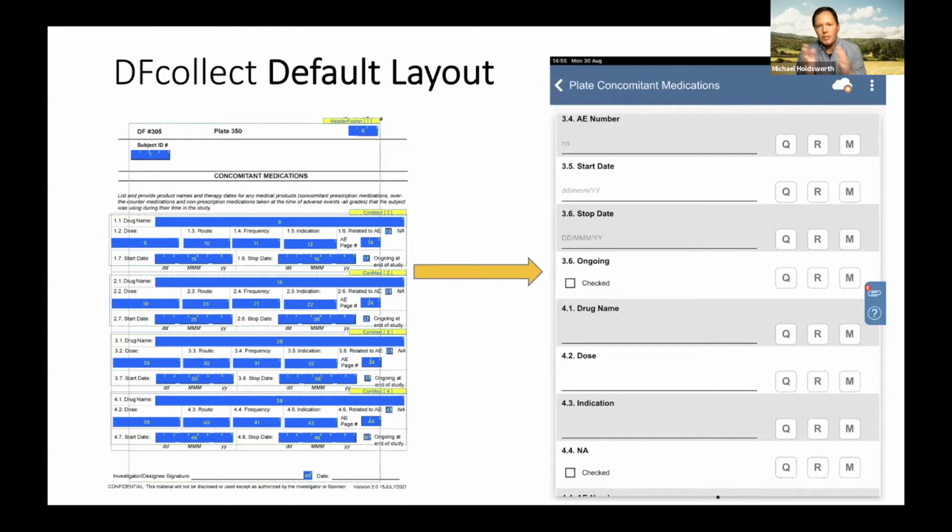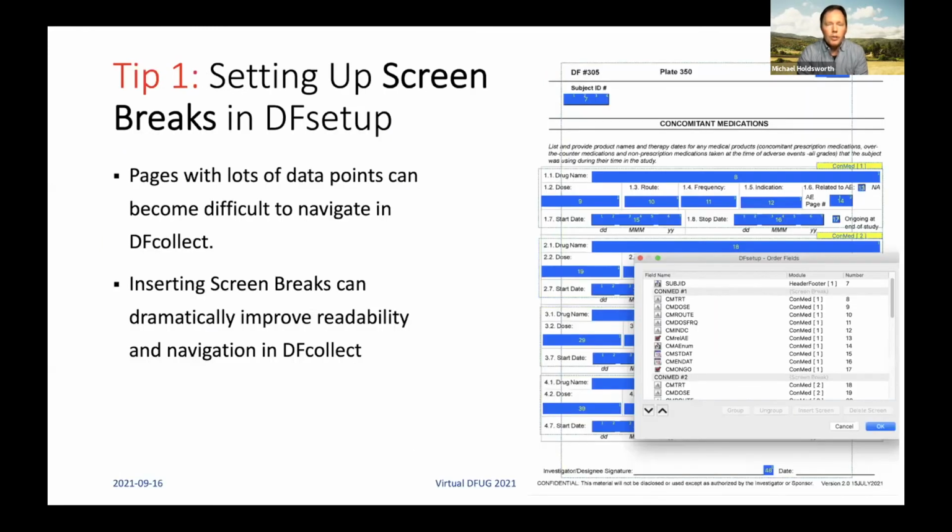And when this translates into DFcollect, it places one field below the other, and it works perfectly, but it becomes slightly difficult to navigate and readability is undermined. So the good news is there is something you can do about this.